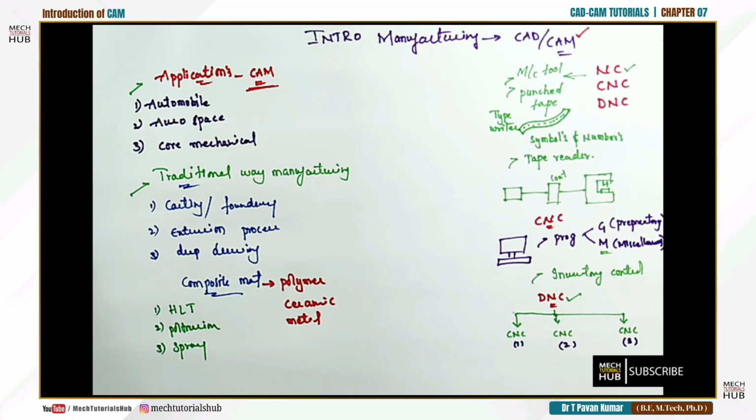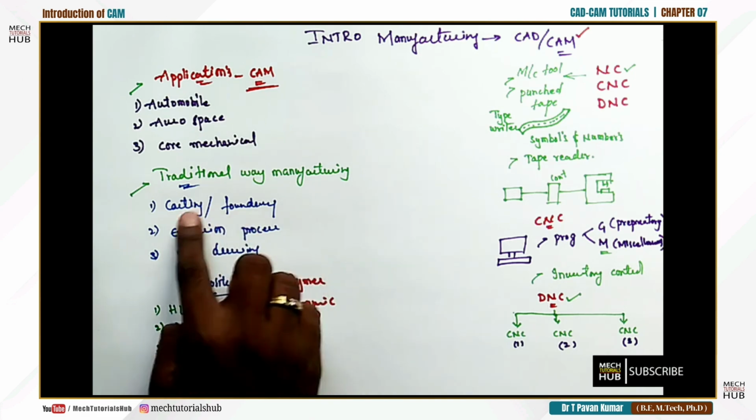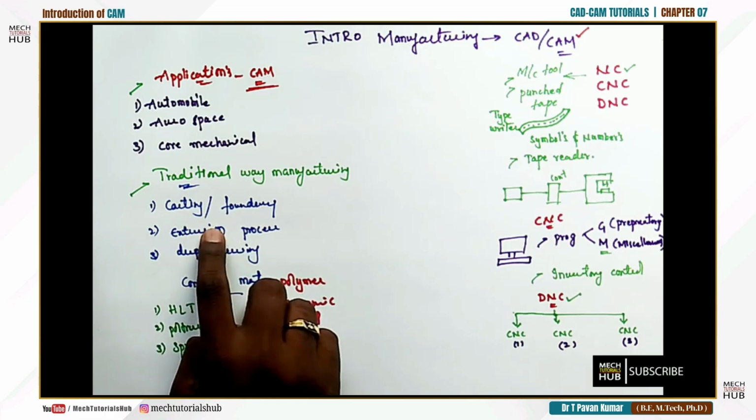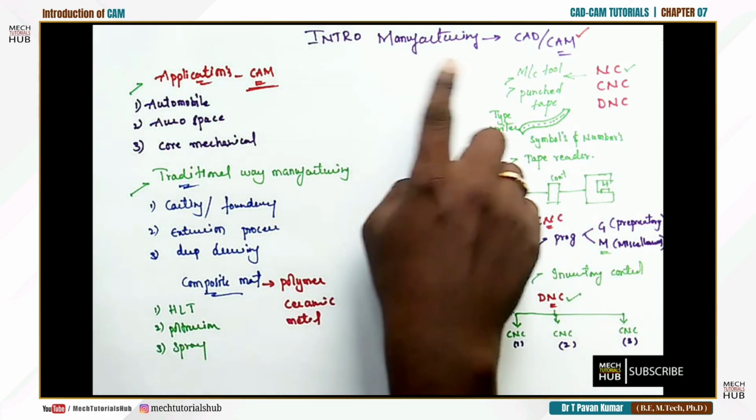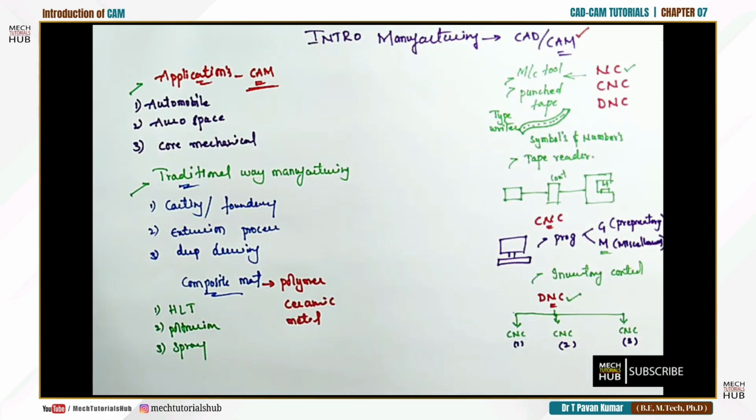If you talk about your academics, this process you already come across in many other subjects. But when you talk about CAD and CAM, you talk about new trends, new technologies in the market.